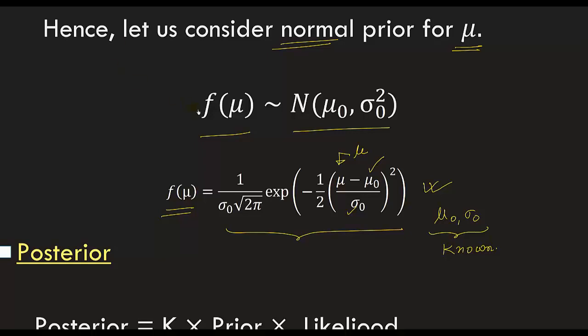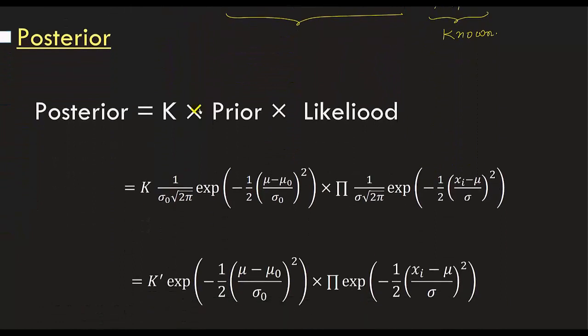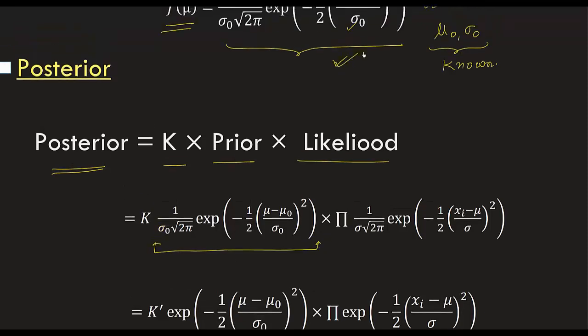So now I know my prior distribution and likelihood function, then I can calculate the posterior distribution, which is the normalization constant times prior times likelihood. So let us write: this is the prior for mu, the same thing that we have here.